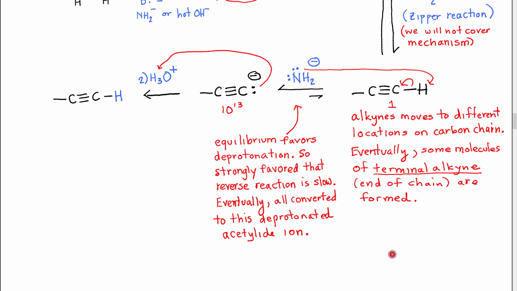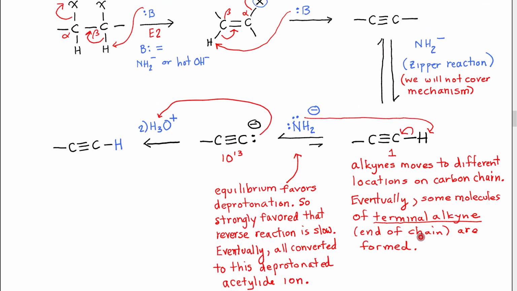Now, the result of this then is kind of interesting. It takes advantage of what we understand about Le Chatelier's principle. If we imagine that this portion, the zipper, is setting up an equilibrium where we're making a whole bunch of different alkynes, including a very small amount of this alkyne.